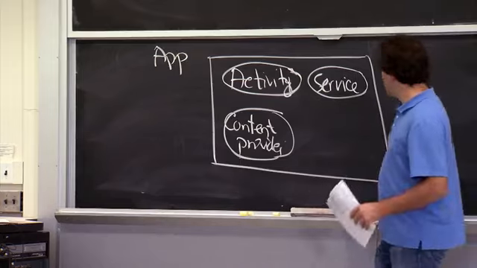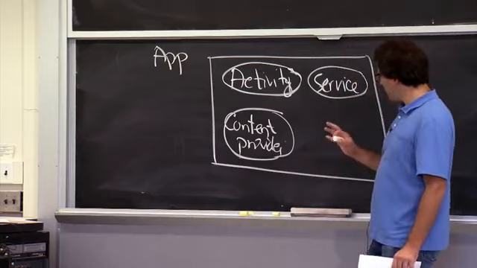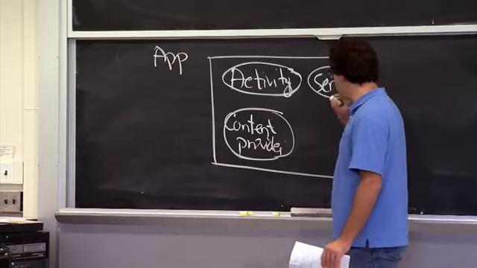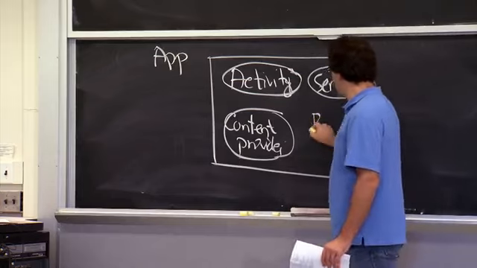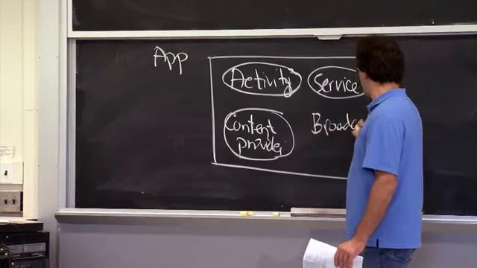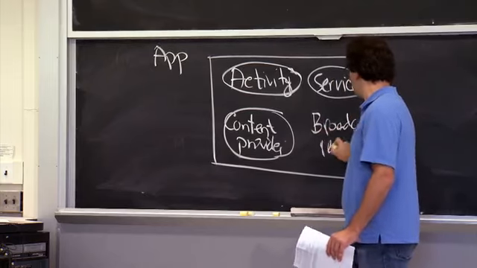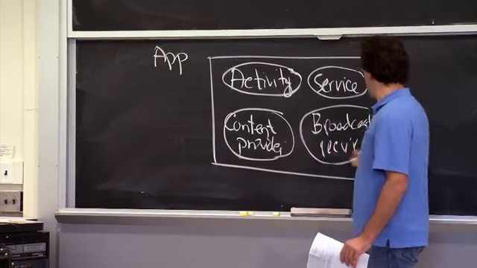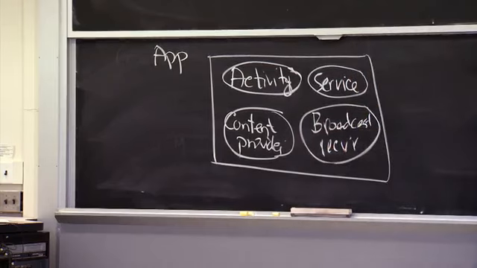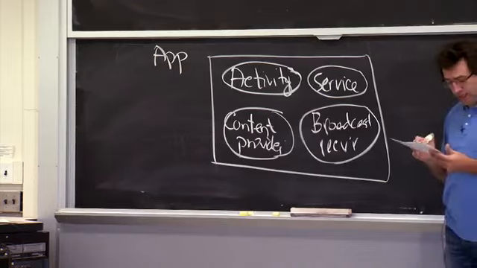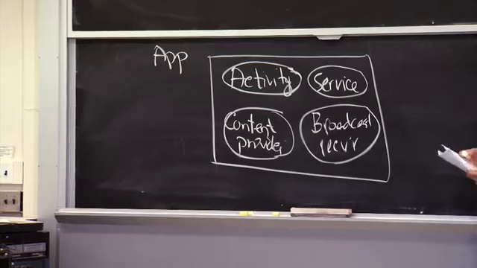And then there's something kind of unusual that hasn't shown up in other systems, called a broadcast receiver. This is used for receiving messages from other parts of the system. We'll talk about how applications interact with one another in terms of messages.